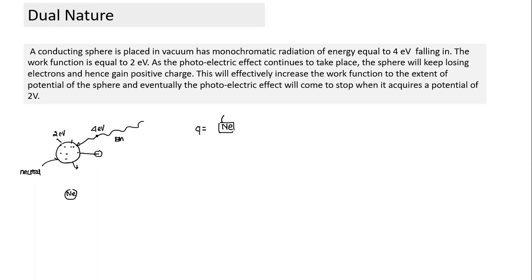If it acquires a potential V, it is equivalent to increasing the work function by an amount equal to V. So if the initial work function was 2, at some stage the potential of the conductor, V equal to KQ by R, becomes equal to 2 volts. What will happen? The effective work function becomes 4 volts. And beyond that, the photoelectric effect comes to a stop.